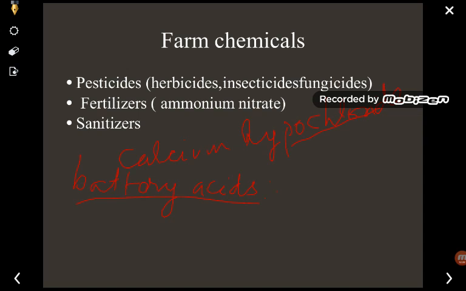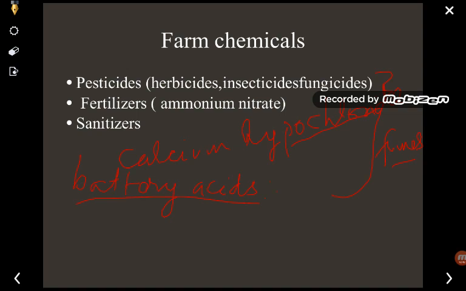Battery acids are a common form of chemicals which produce harmful fumes. So these are certain sources which produce harmful fumes.